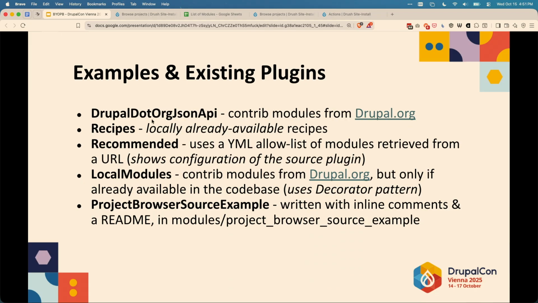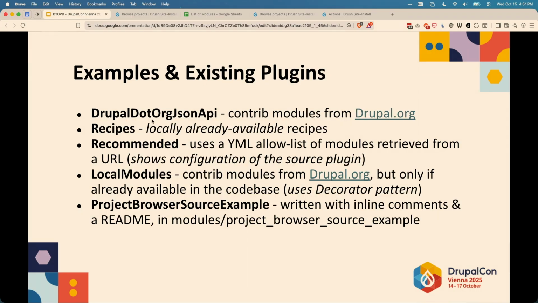And so I want to cover what all the examples and plugins are that we have. So there's the Drupal.org JSON API. That'll show you how to really query another endpoint and get the data from there. So that might be a good model if you are going to query GitLab or GitHub's APIs.